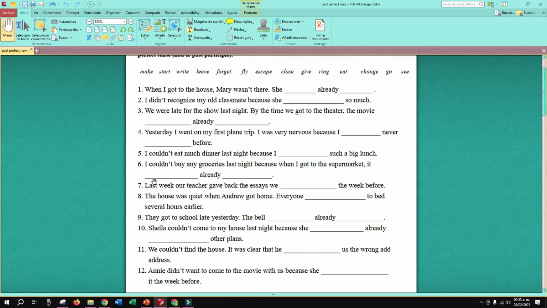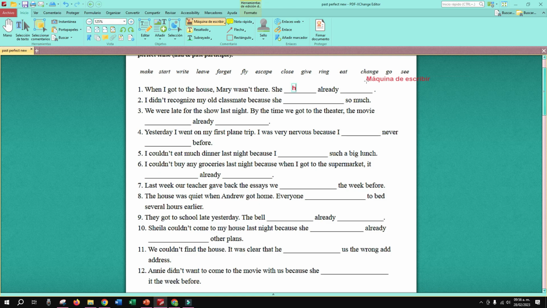We're going to work until 12, right? So there you have this. When I got to the house, Mary wasn't there. She, what? We need here something, which could be our auxiliary there. Which could be that one, if we're talking about past perfect?